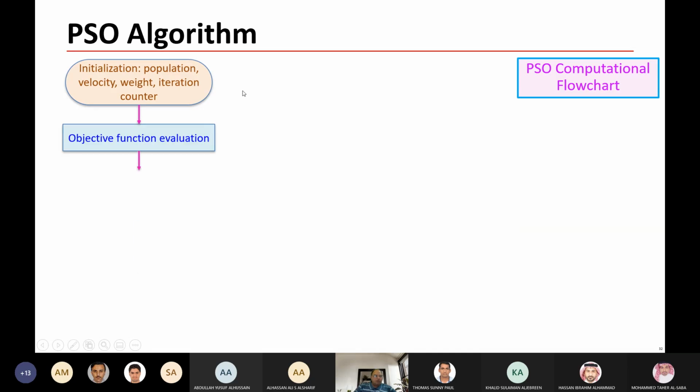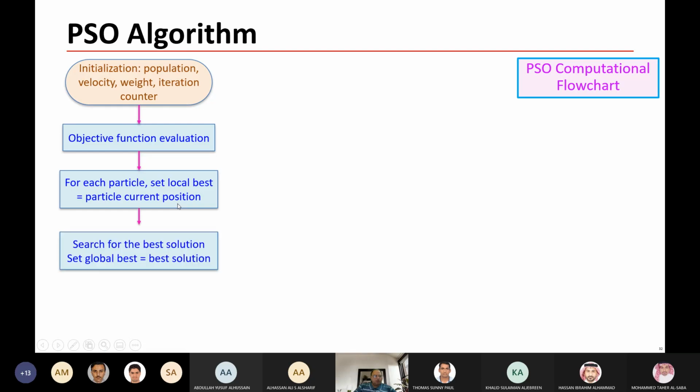After initialization of the population, position and velocity, you can calculate the objective function for all the population, and then for each particle, you set local best equal to the particle itself. This is the initialization step.